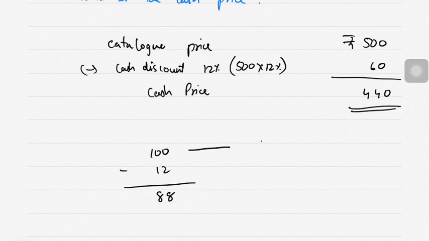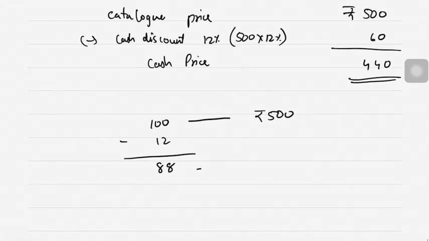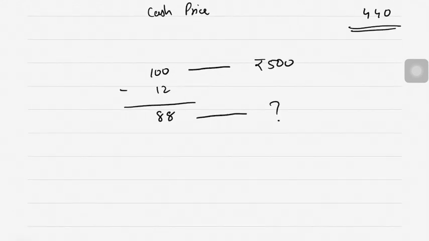If 100 is rupees 500, how much is 88? So in this case, you will do 88 into 500 divide by 100.